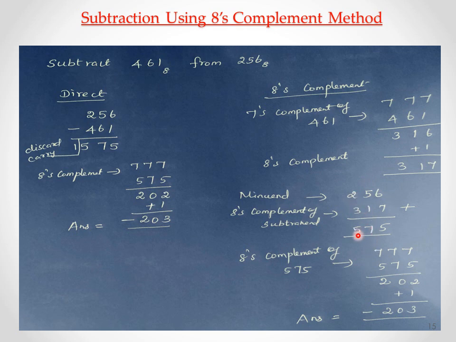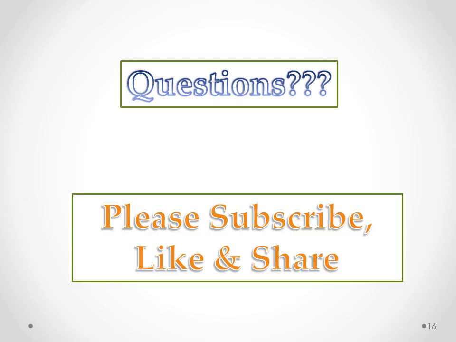So when the minuend is smaller, what we have to do is take the 8's complement of the answer with a negative sign. So first I am going to find the 7's complement of 575. 7's complement of 575 is 202. Now I am adding plus 1 to the LSB position. It will make 8's complement with negative sign. This is the way to perform subtraction using 8's complement in the octal numbers.